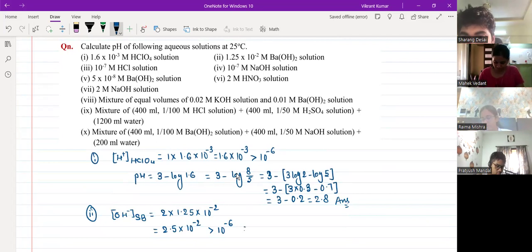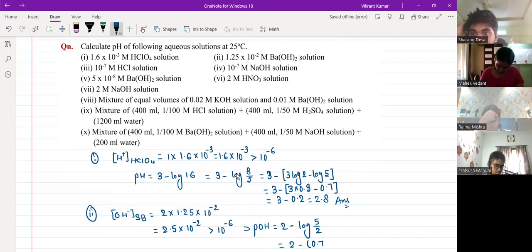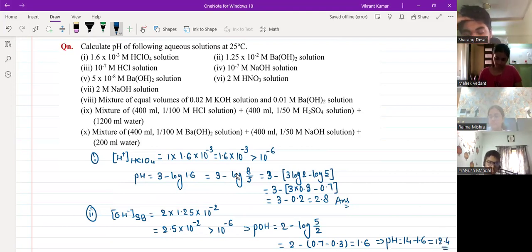And that's why we'll write pOH can directly be calculated with this number: 2 minus log 2.5, which is 5/2. So this number will be 2 minus, log 5 is 0.7, log 2 is 0.3, so this is 0.4. So this will become 1.6. So pH will be 14 minus 1.6, which is 12.4. This will be the answer.